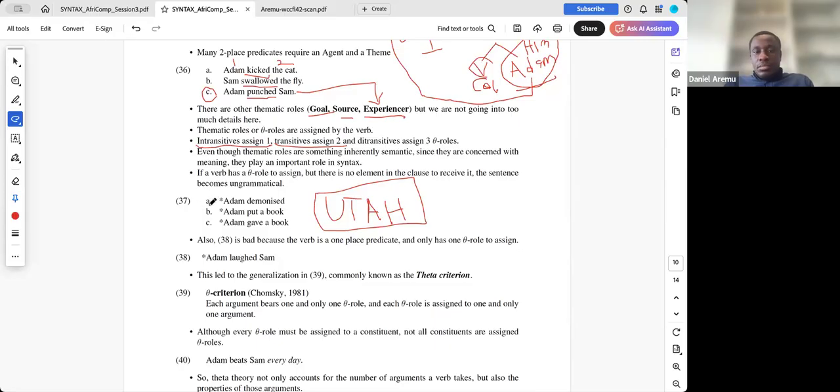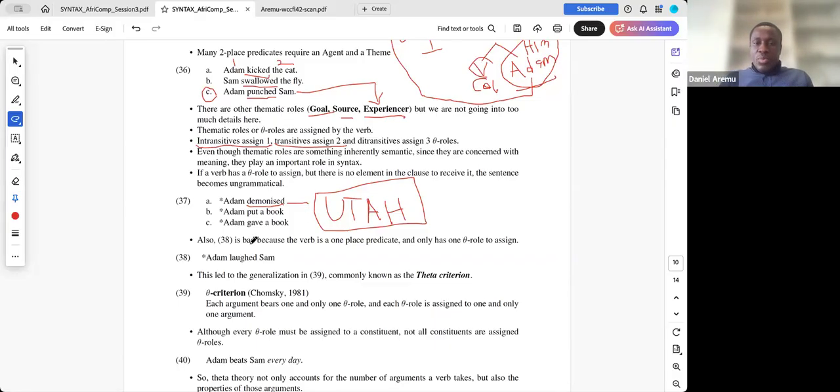Now look at 37. If you say Adam demonized, this is ungrammatical. Why? Because demonized is a two-place predicate. It needs another argument. If I just say Adam demonized, then you ask me demonized what or demonized who, right? Who did he demonize?